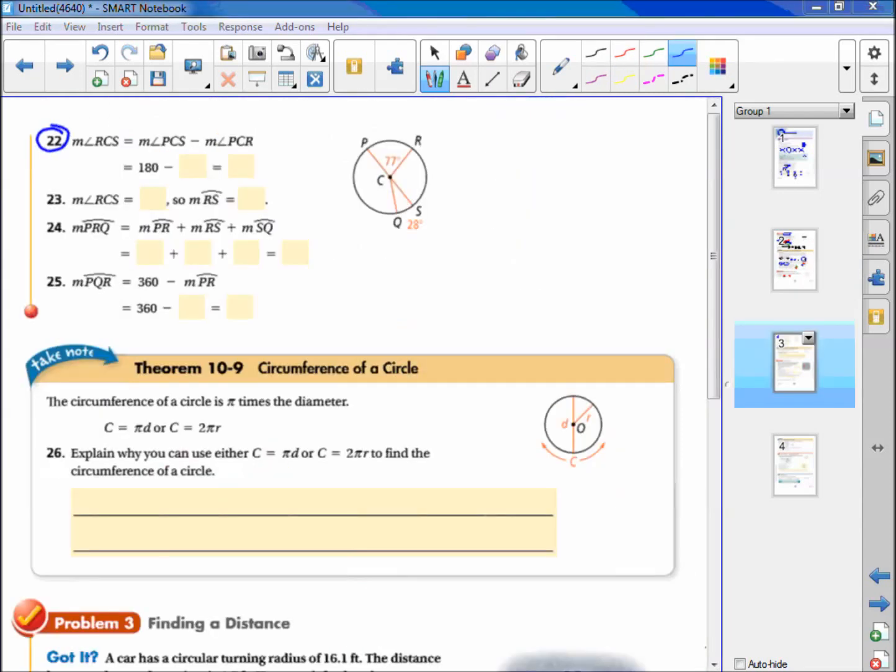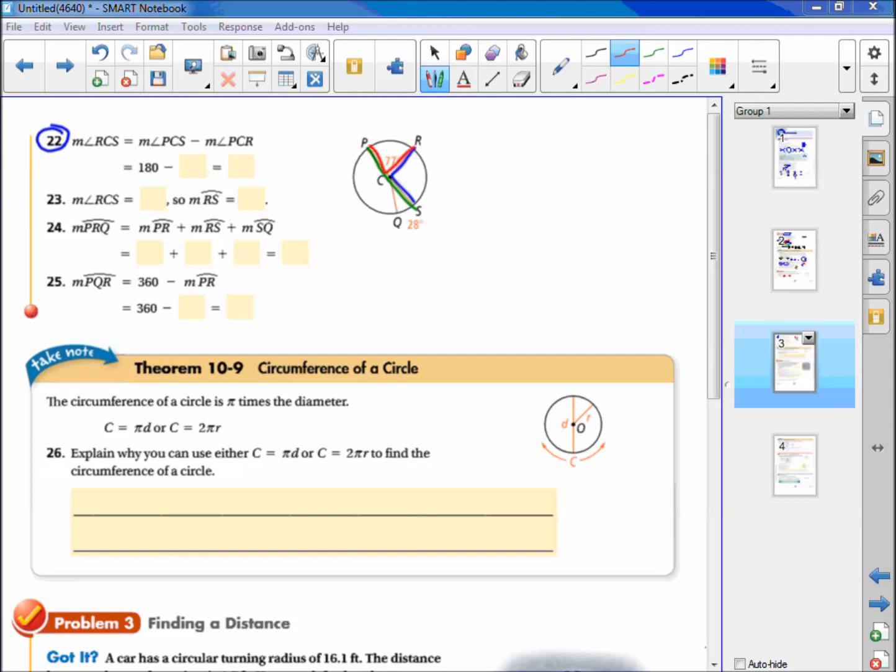And on page 3, we have number 22, where we're trying to find the measure of arc RCS. So we want to know this one, the central angle here. All right, so the central angle RCS is going to be equal to the measure of PCS, which is 180, because that's a semicircle, central angle, minus PCR, the one that we know.